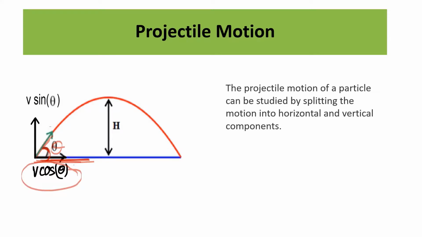The side which is adjacent to theta will always be the cos component, and the vertical component will be v sin theta. The horizontal force acting on the object tends to move the object horizontally, and the gravitational force acting on the object tends to move the object downwards. The combination of this horizontal force and the gravitational force tends to move the object in a parabolic path.